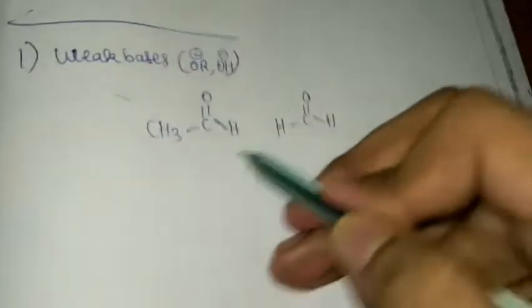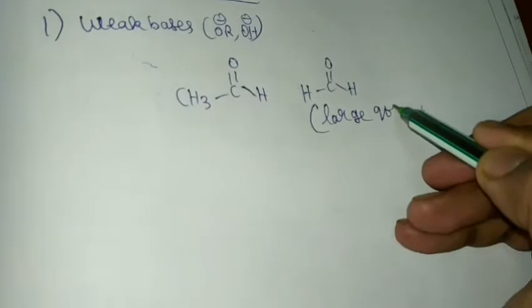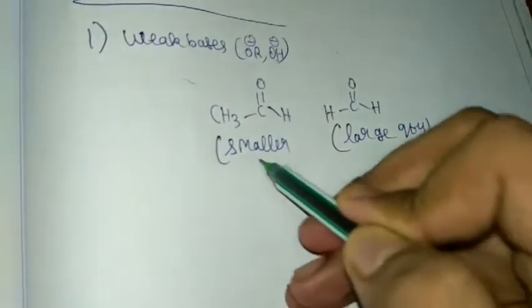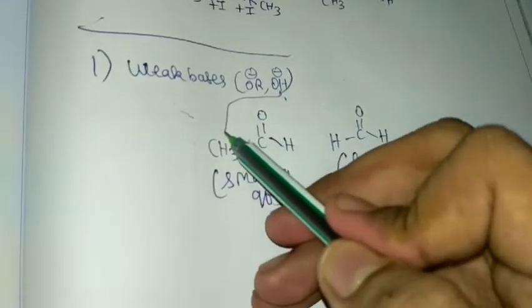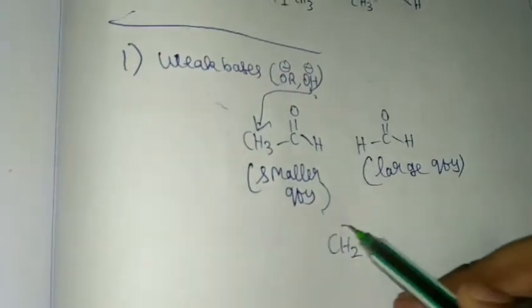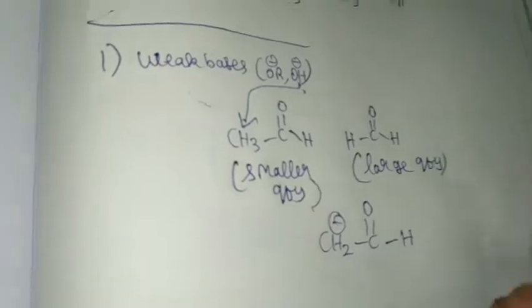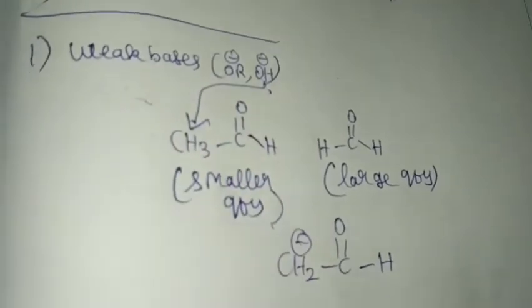What I'm saying is you should take this in large quantity, and this in smaller quantity, so that this base removes the proton easily to form the CH2 enolate ion. This is always present in enolate form. This is the main reason.